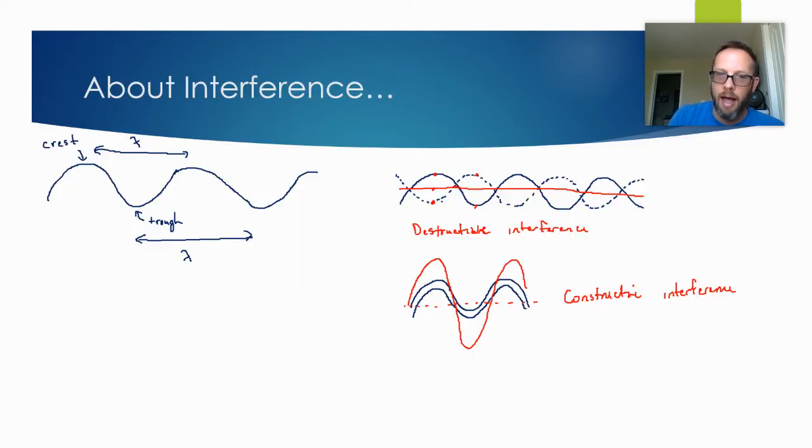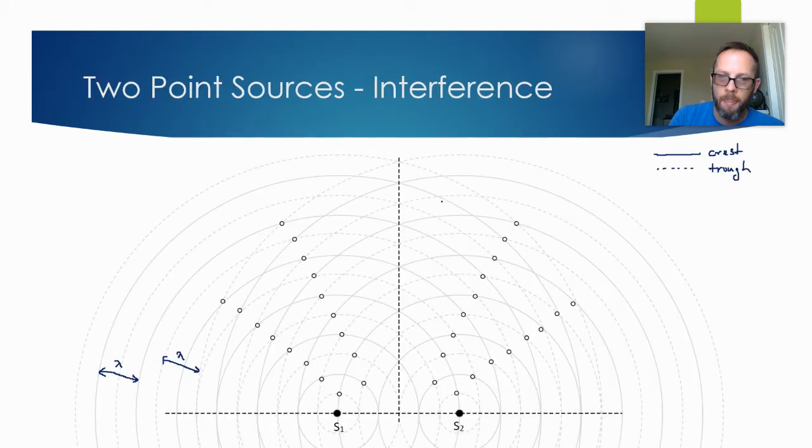So what's going to happen when these crests, solid lines, meet a dashed line, a trough? When a solid line from the first wave meets the dashed line from the second wave, those two waves are going to cancel out, and we'll basically get flat water. And this is going to happen at a bunch of specific points. And I've drawn on here a bunch of points where that happens. So these dots we call nodes. And as you can see, they form nodal lines.